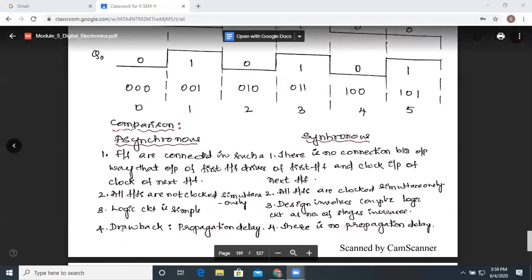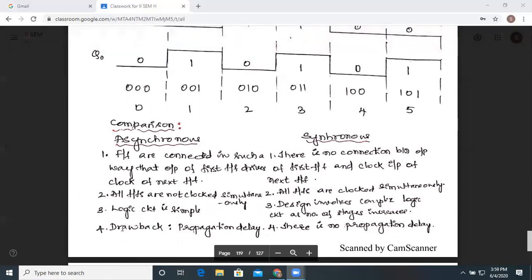One drawback in asynchronous counters is that the propagation delay is more, because the output of one flip-flop drives the next flip-flop. But there is no such propagation delay in synchronous counters because all the flip-flops are clocked simultaneously.